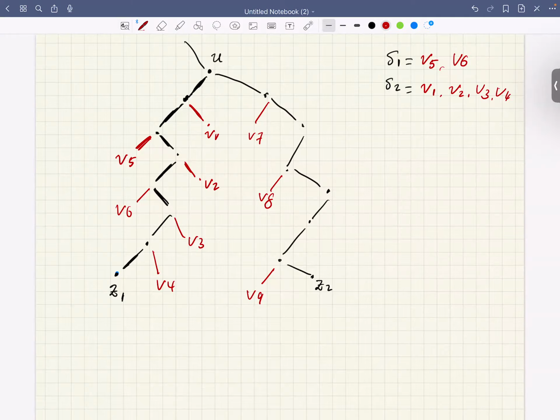On every pair, you will need big O of log n space. So overall, you'll be using n log n times log n, so that's n log squared n space, correct?